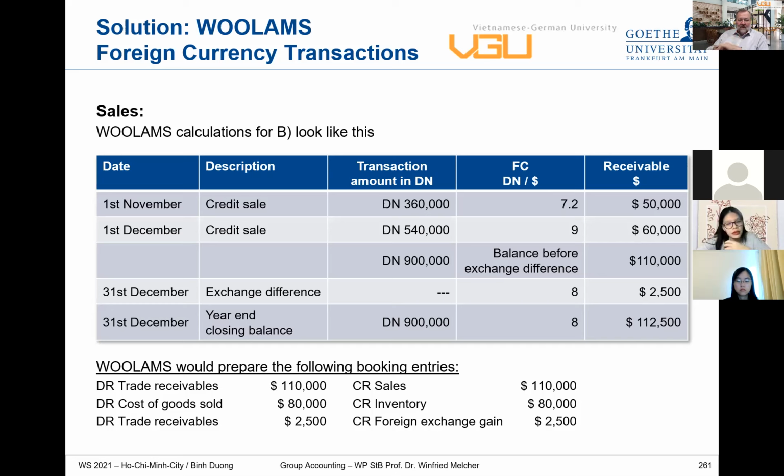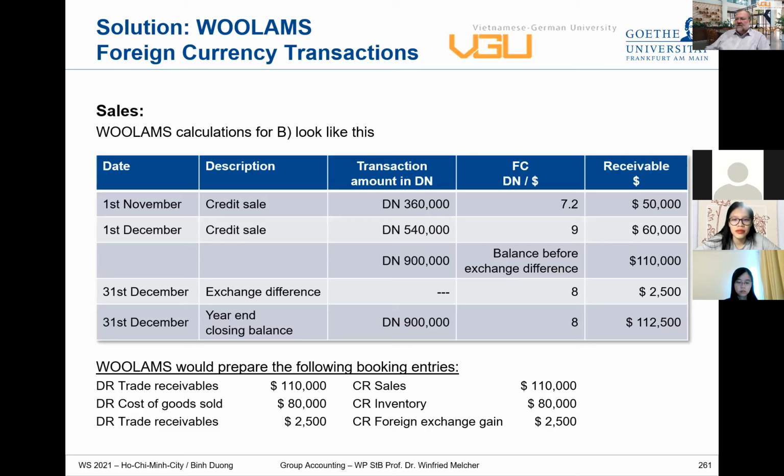Okay, and that's why it's called the double entry booking system. Well, you could also do that in a single entry booking system, but then you would not do it twice. Okay, I think that's okay. Or are there questions?